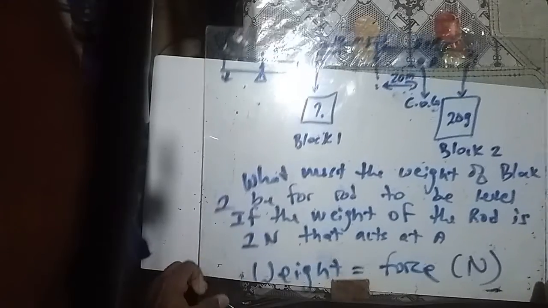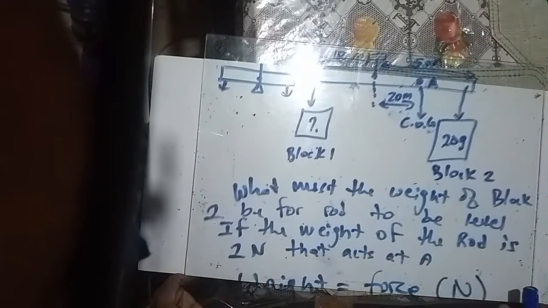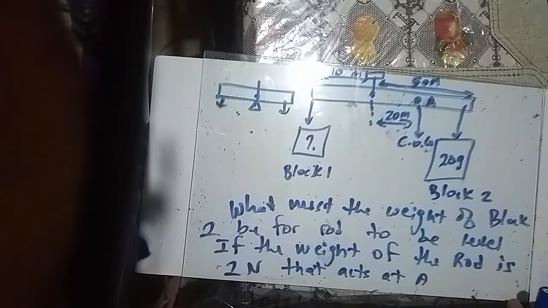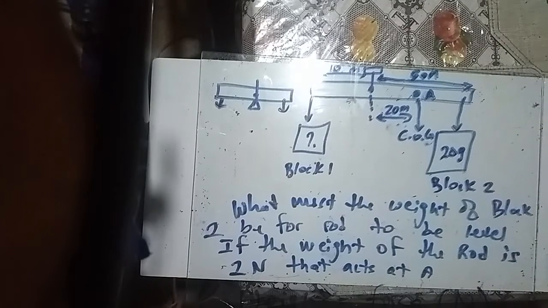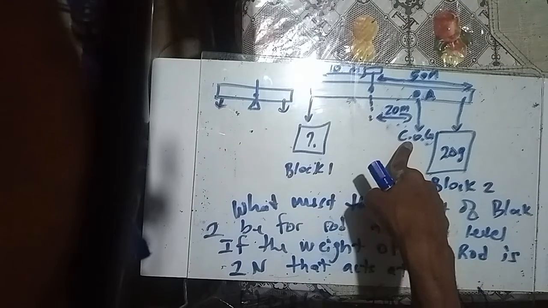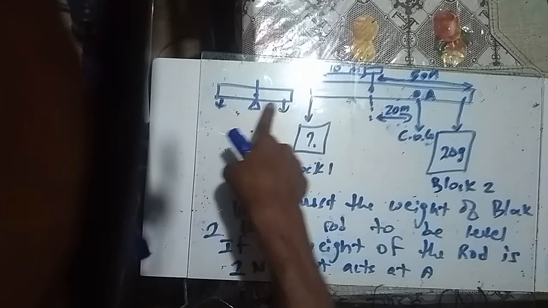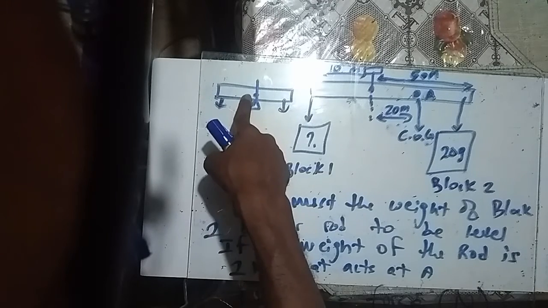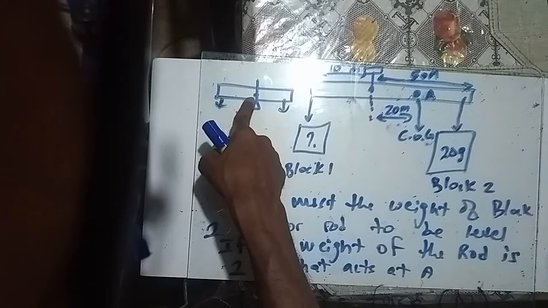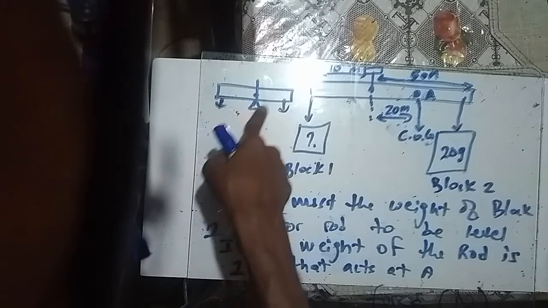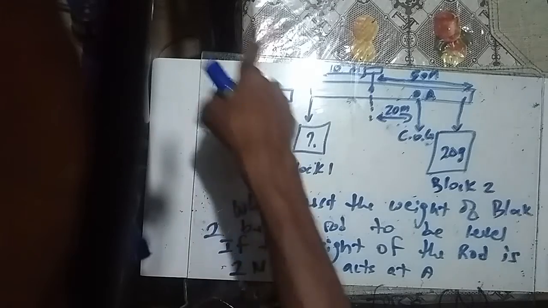Alright, so let's look at the question once more. You see that the center of gravity is not in line. On a regular shaped object like this, the center of gravity is halfway, in the middle of the object. This is not an irregularly shaped object.